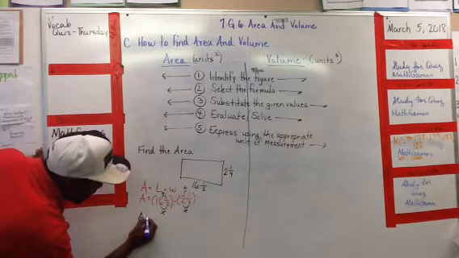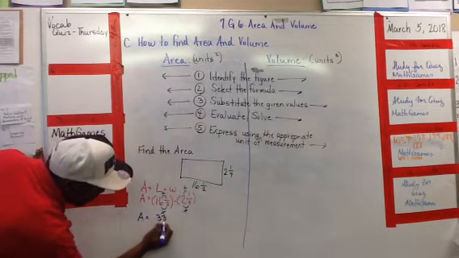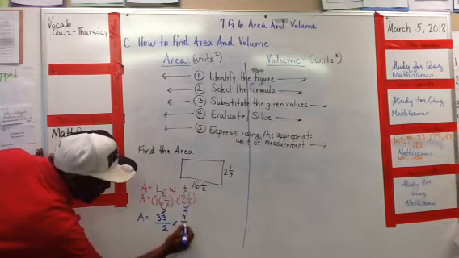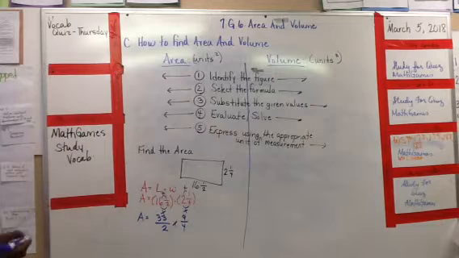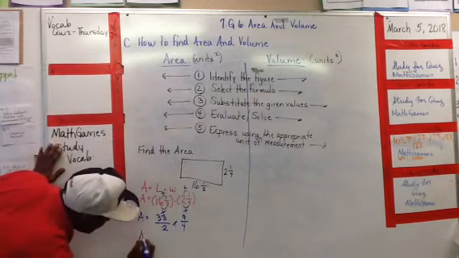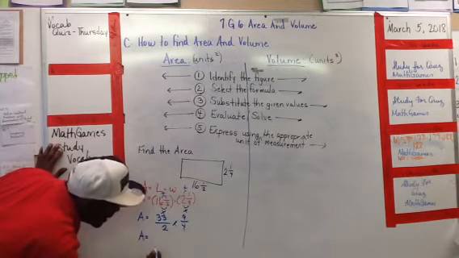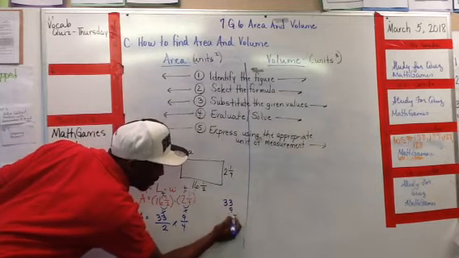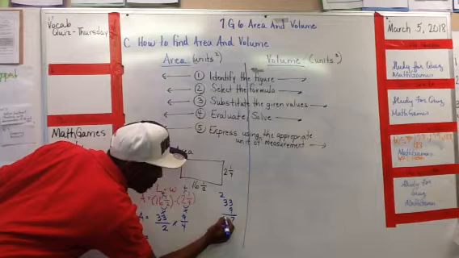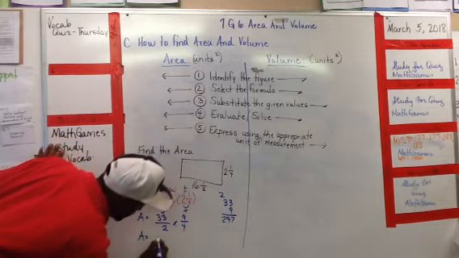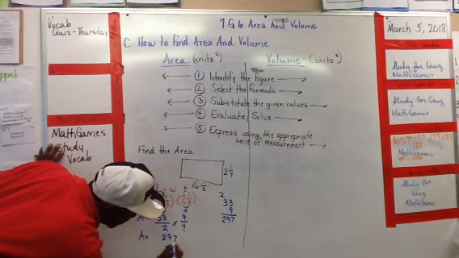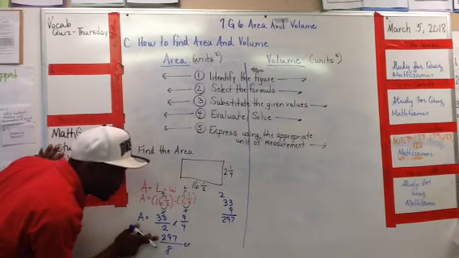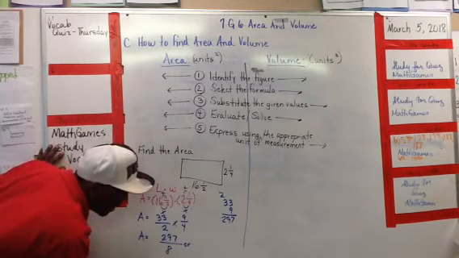So area is now equal to 33 over 2 times 9 over 4. Okay? I then get 33 times 9, 297 over 8. I can turn this into a division problem. 297 divided by 8.